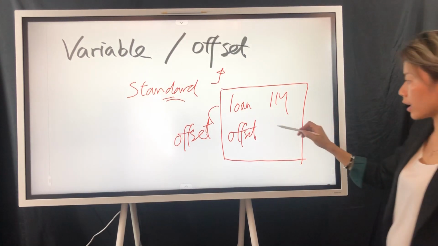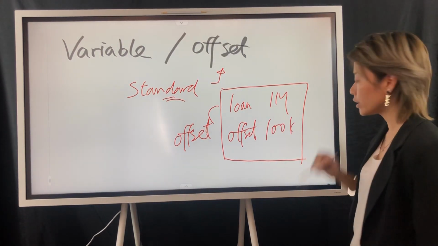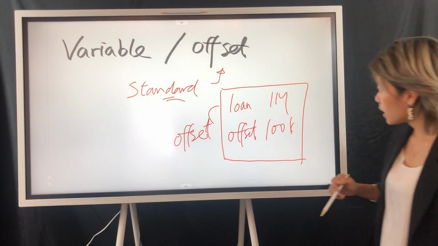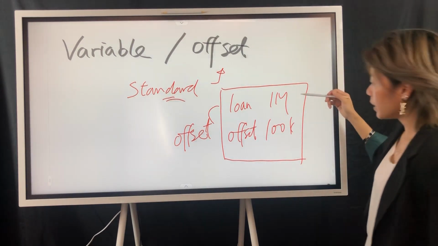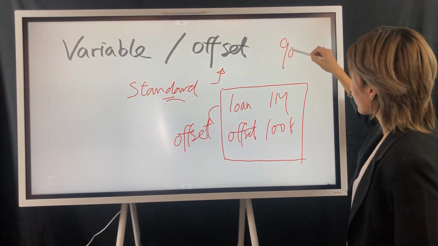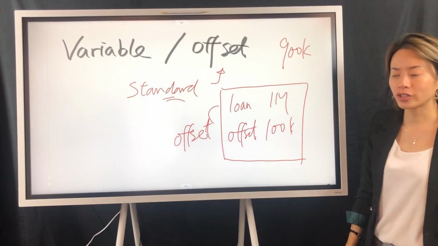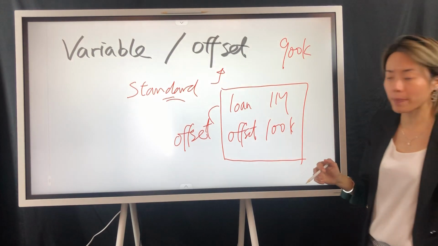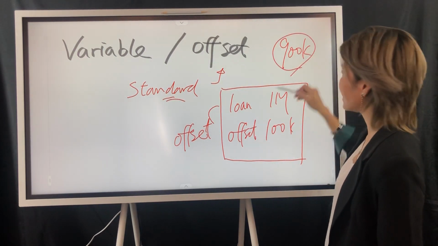So let's say I've got 100,000 in my offset account. So you can see 1 million loan amount minus the offset 100,000, you're actually owing the bank 900,000. So the interest you'll be paying is based on 900,000.